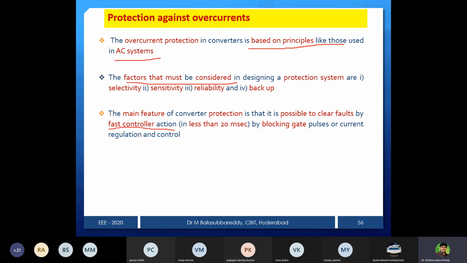This is not only in HVDC, but in AC systems and power systems in general, there are a lot of sensitive parameters, like frequency. Frequency deviation is allowable only up to 3%, or at most 4 to 5%, so these are very sensitive parameters. You have to clear the fault as quickly as possible. It is not a matter of seconds, but of milliseconds and microseconds that we need to monitor.